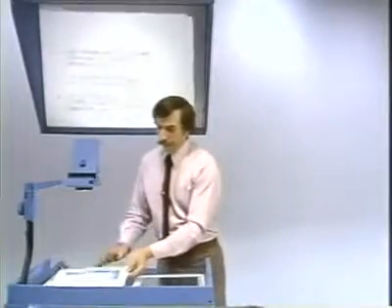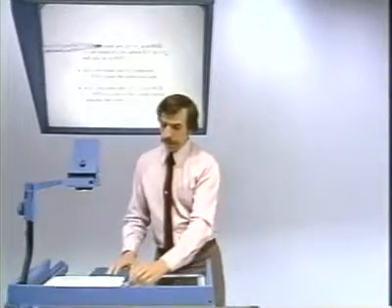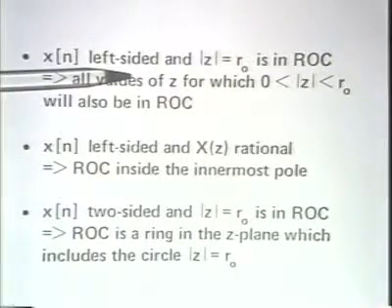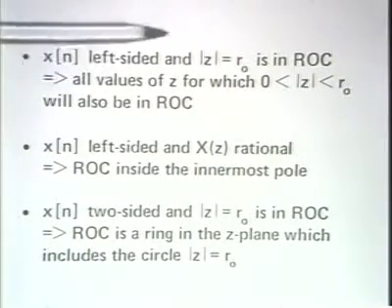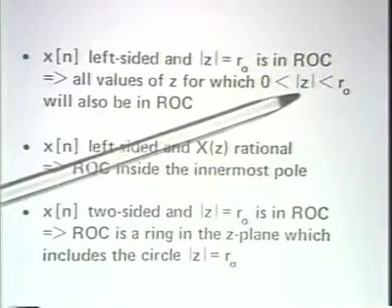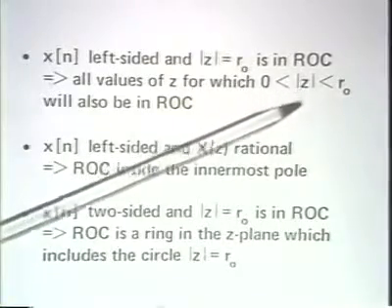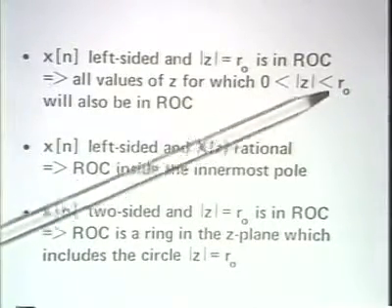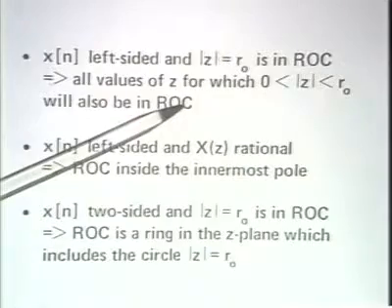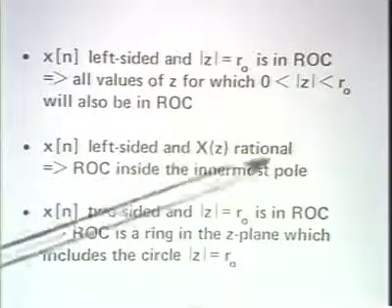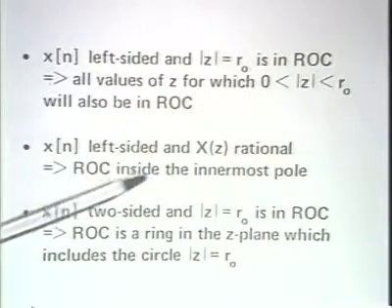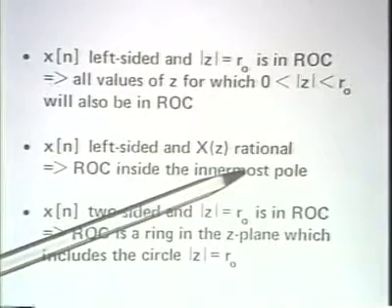Finally, if we have a left-sided sequence, then if we have a value which is in the region of convergence, all values for which the magnitude of z is less than that will also be in the region of convergence. Or if x of z is rational, then the region of convergence must be inside the innermost pole.